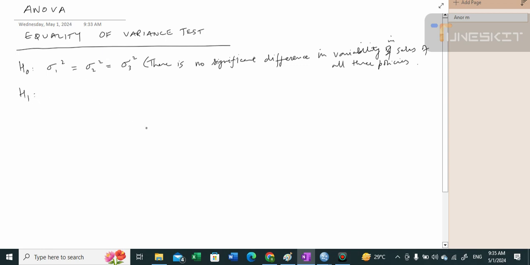Here, instead of writing the three variances with a not equal sign, we will write it as at least two variances differ.